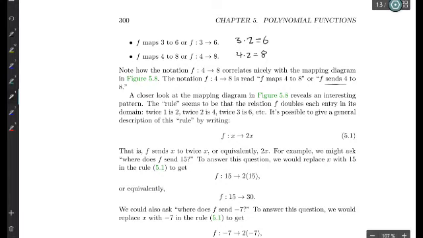Which suggests this notation. So what do you do to some number for this function f to get another number? Well, you multiply it by 2. So to send x to its corresponding element in the range of f, you multiply 2 to whatever x is.